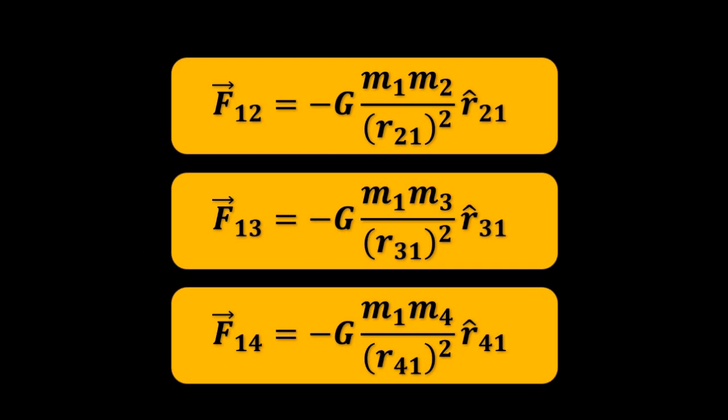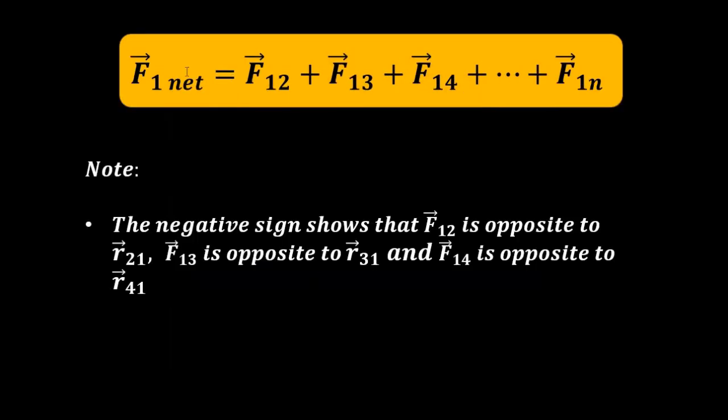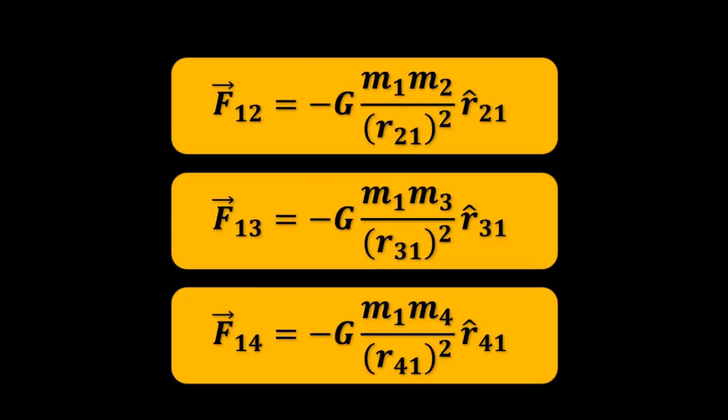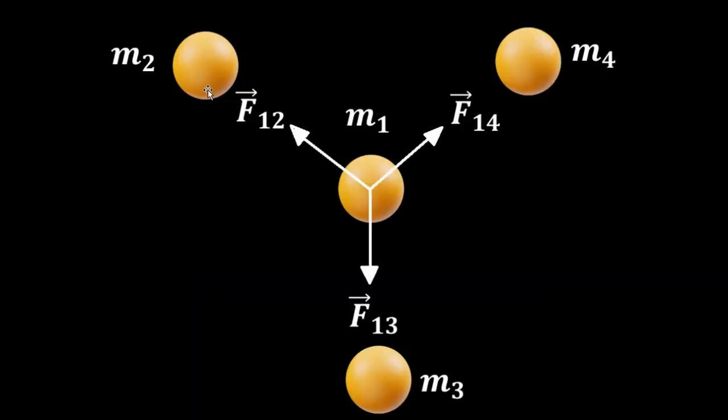Now the total force acting on mass m1 is the vector sum of these three gravitational forces, and it is unaffected by the presence of these neighboring bodies, by which I mean that the gravitational force between m1 and m2 is not affected by m4 and m3. The gravitational force between m1 and m4 is not affected by m2 and m3.